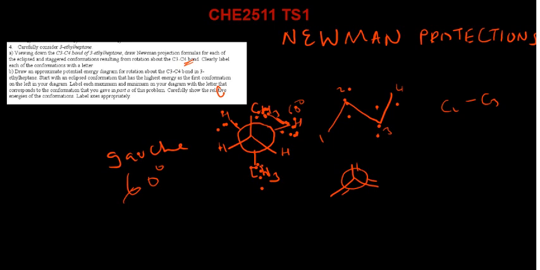So we look at that in the next video, and I'll have all the conformations drawn out to answer question B, because I will be able to tell which one is the least stable and which one is the most stable.